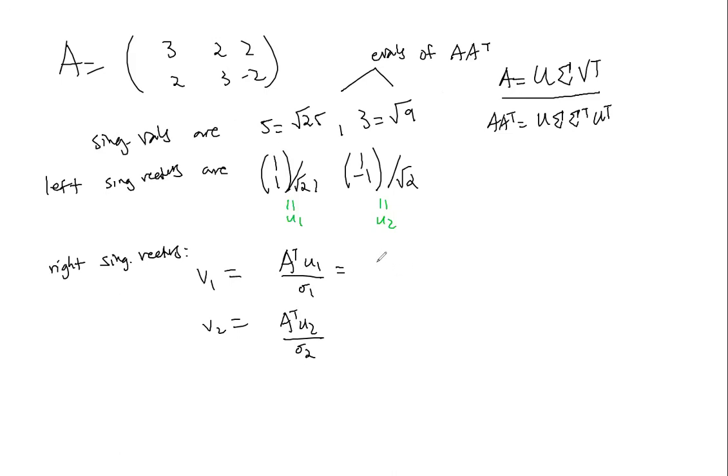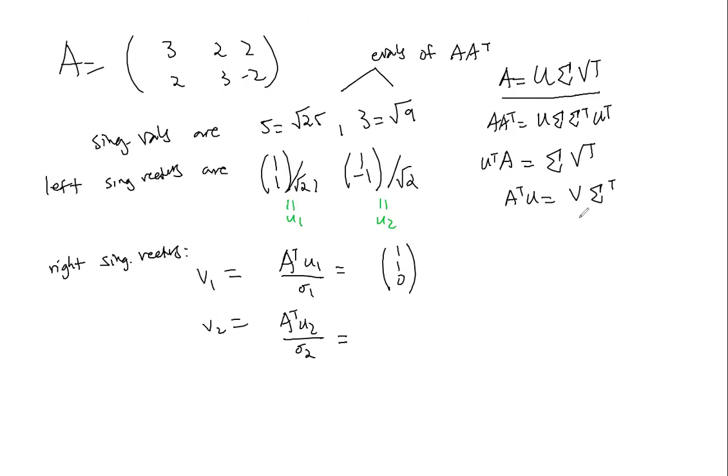Okay, so what do we get? Over 5, 1, 1, 0. The reason I got this formula, by the way, is that if I multiply by U transpose on the right, because we know what U is and we want to know V, I get A transpose U equals V sigma transpose.